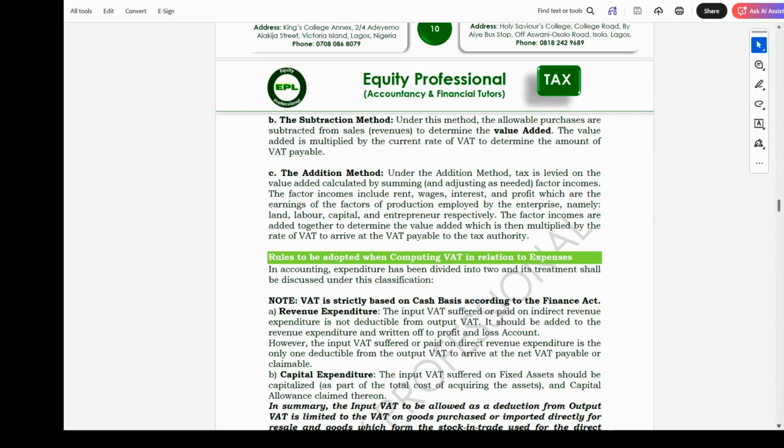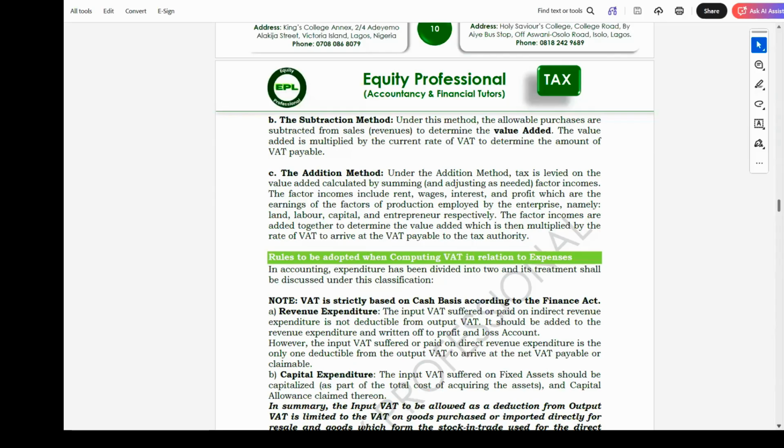Then when you want to calculate value added tax, whatever method you want to use, there are certain rules that you need to apply in relation to expenditure, in determining your input VAT. Expenditure will give rise to input VAT.